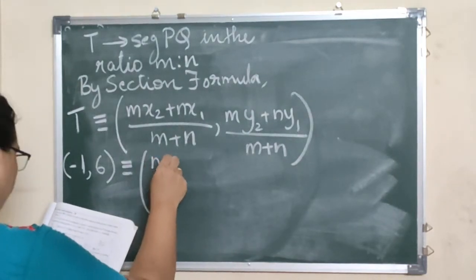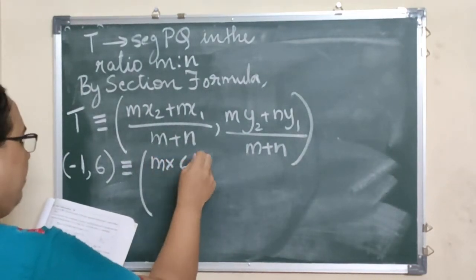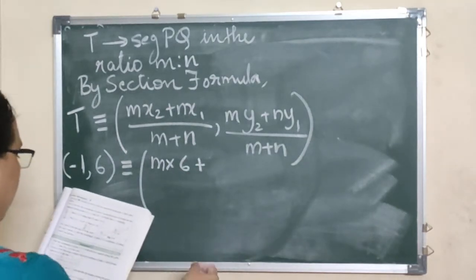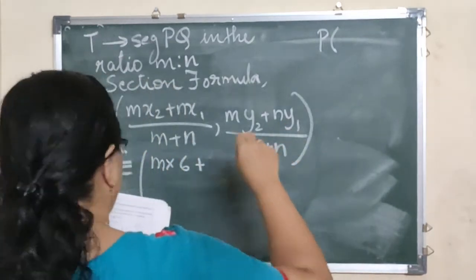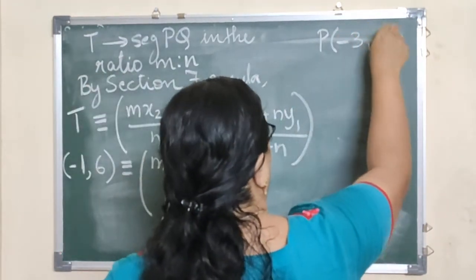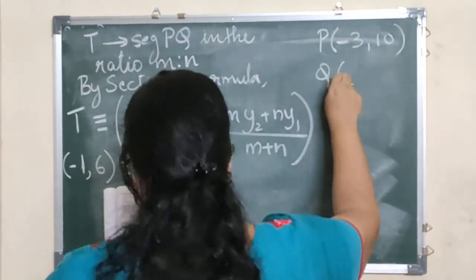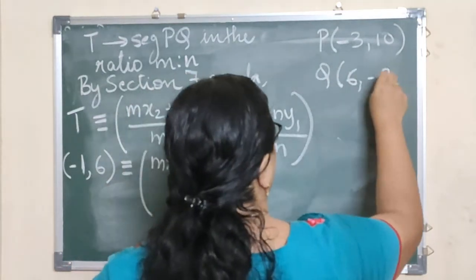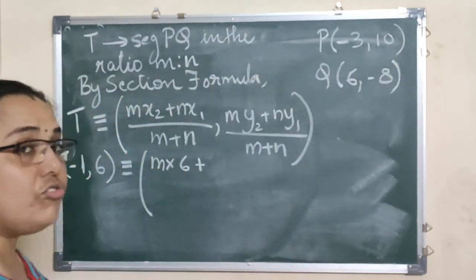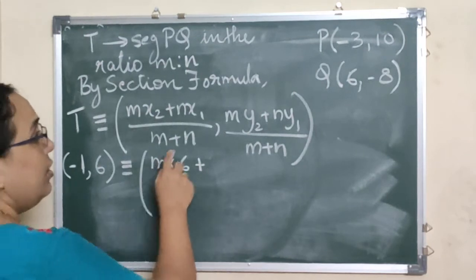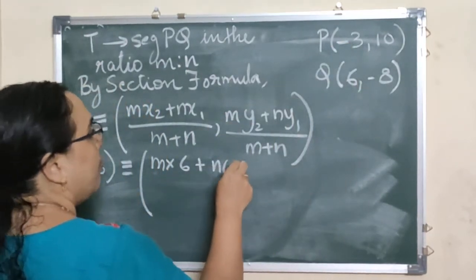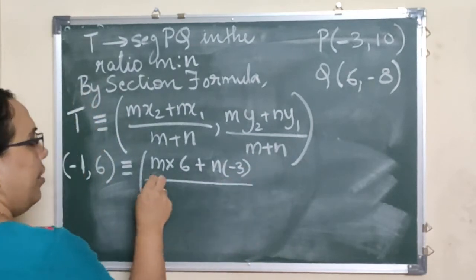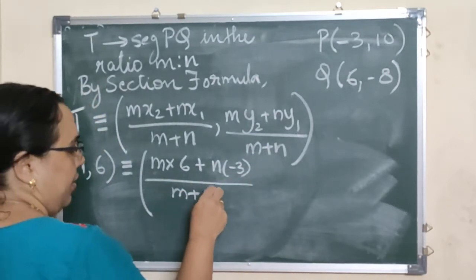M into 6 plus n into minus 3 upon m plus n.